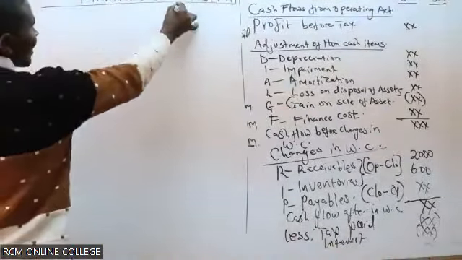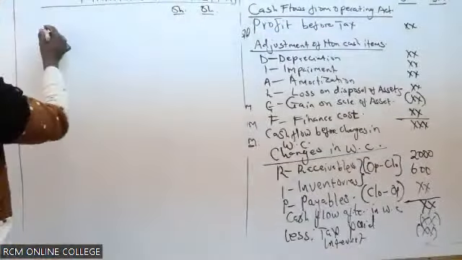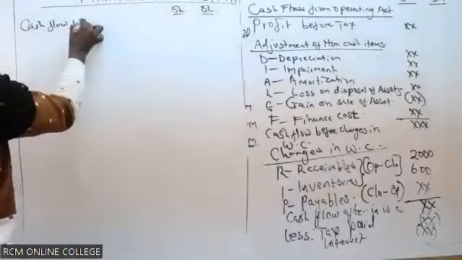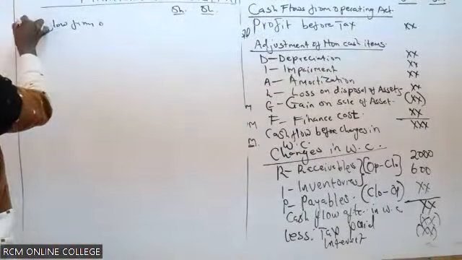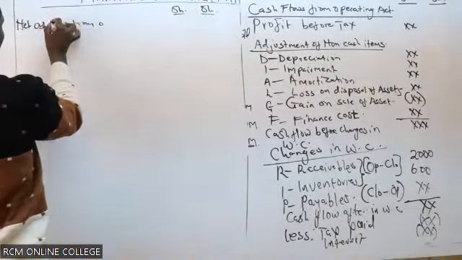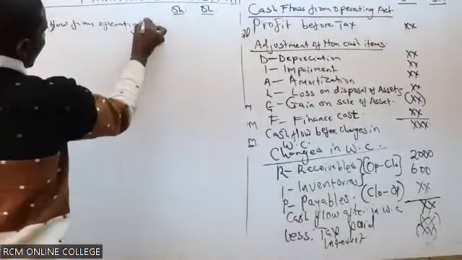So in this case, I have my sharings. So we are still proceeding. This is cash flow from net cash flow from operating activities.